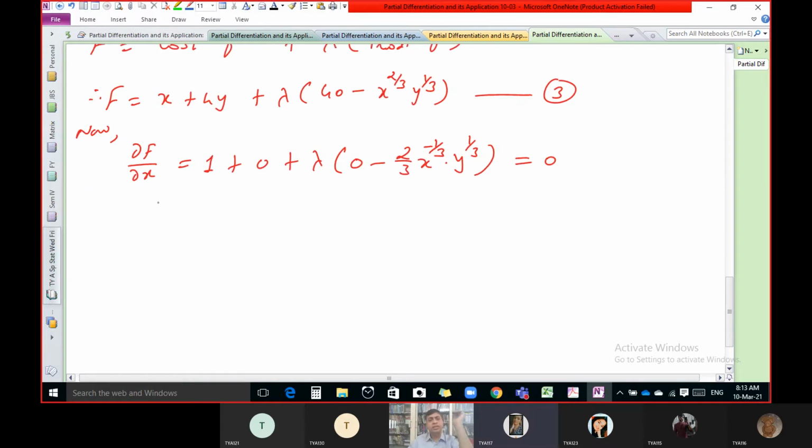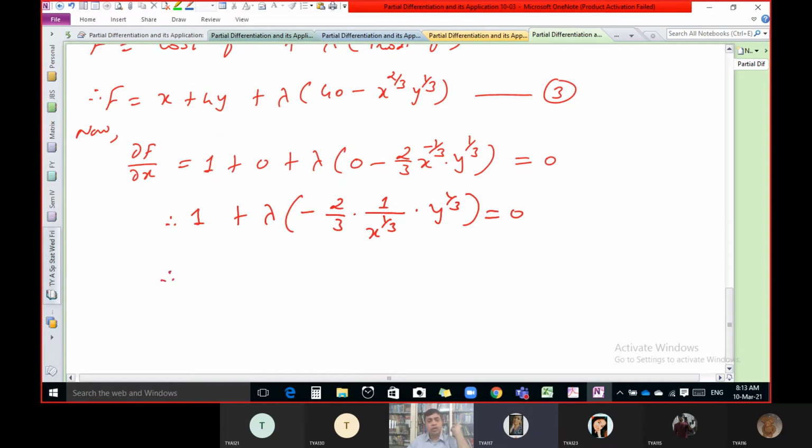What we get? 1 plus lambda in bracket minus 2 by 3 into x raised to minus 1 by 3. You write 1 upon x raised to plus 1 by 3 into y raised to 1 by 3 equal to 0.